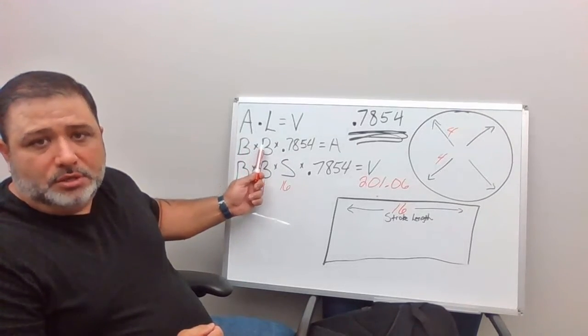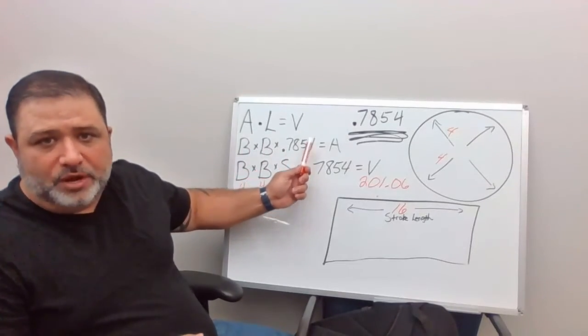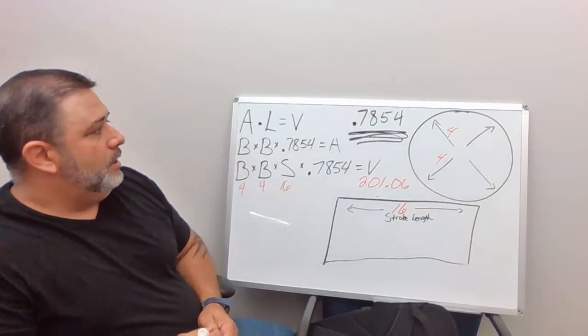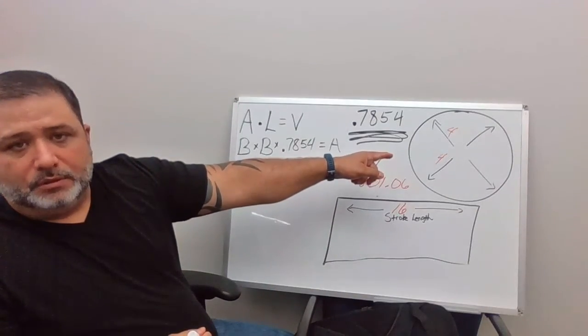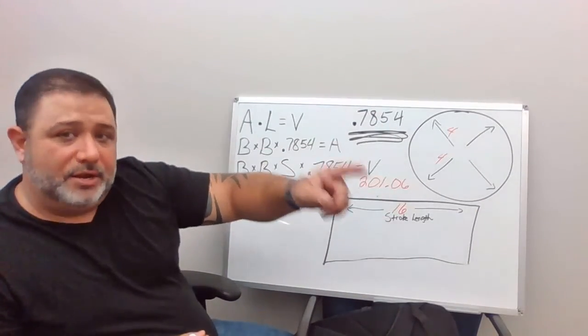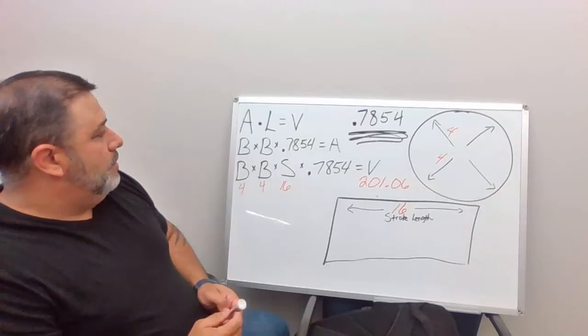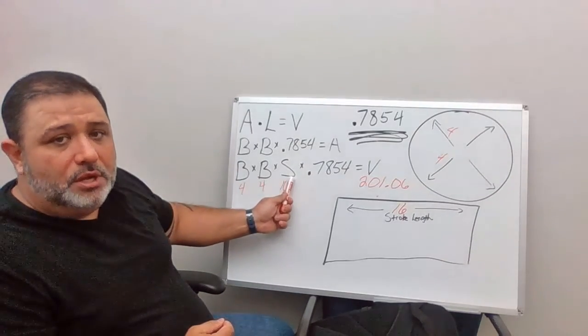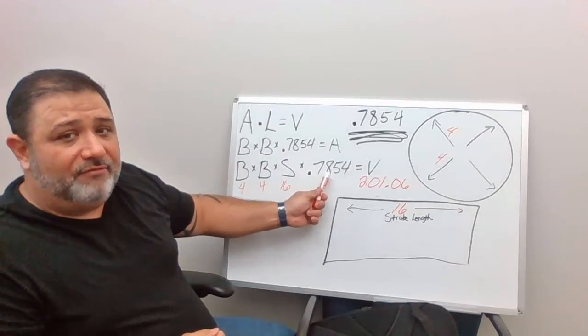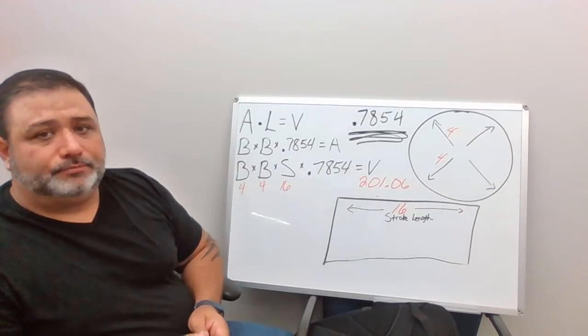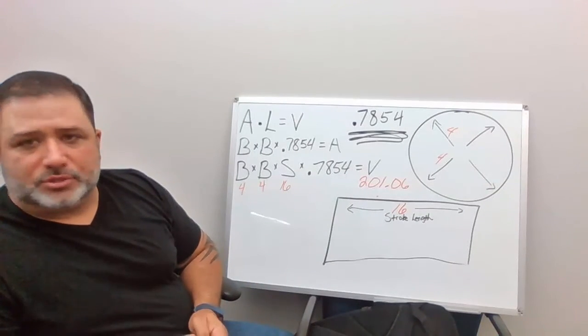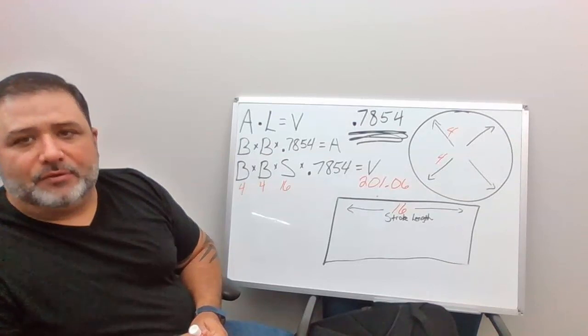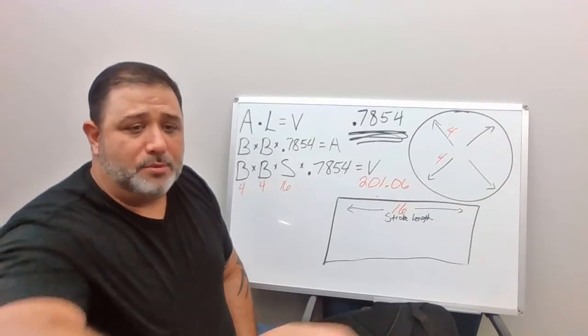Bore times 0.7854 equals your area. Area, X measurements. Bore times stroke times 0.7854 equals volume. So bore times stroke times 0.7854.